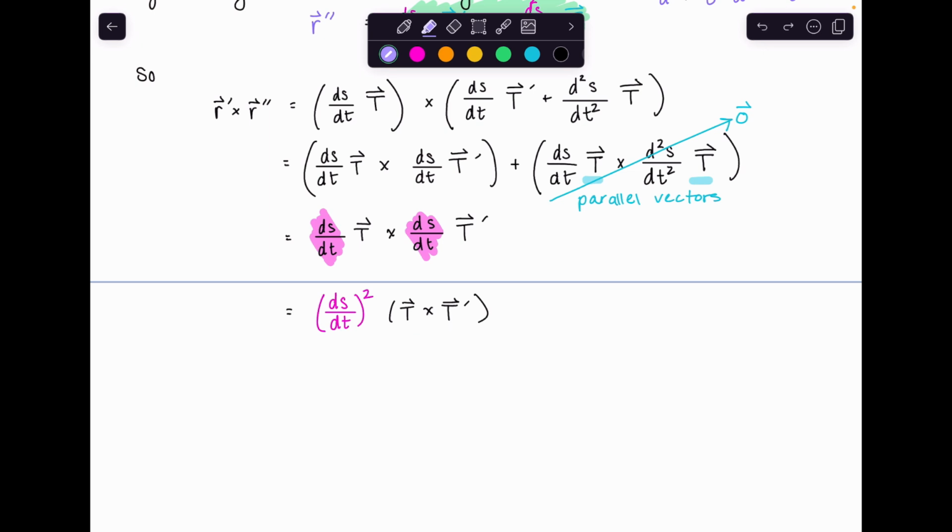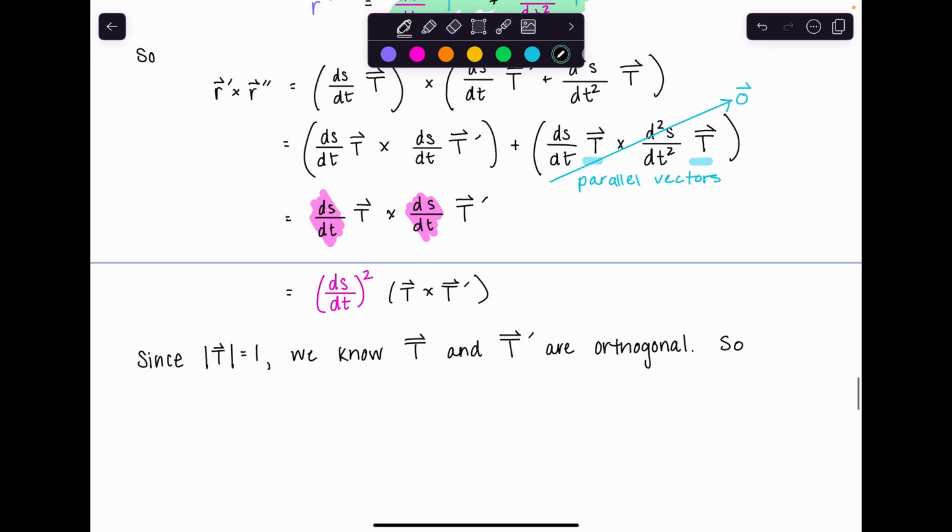So here, since the magnitude of the unit tangent vector is always 1, we know that the unit tangent vector and its derivative are orthogonal, which is why the unit tangent vector and normal vector are orthogonal.